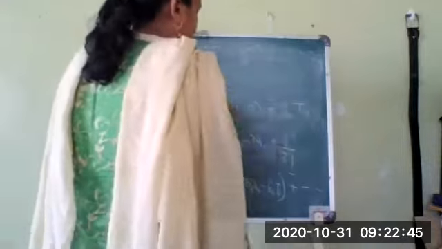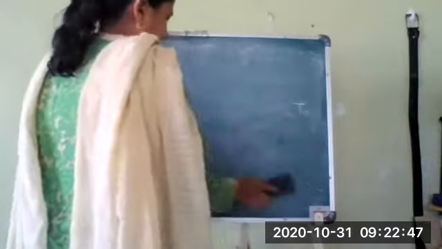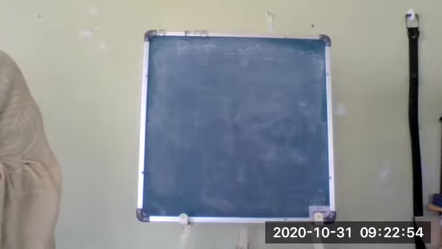Let me write down now whatever formula we have obtained. We are assuming that s is very small.